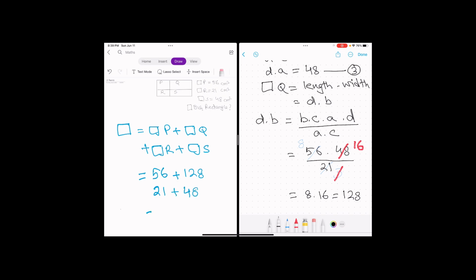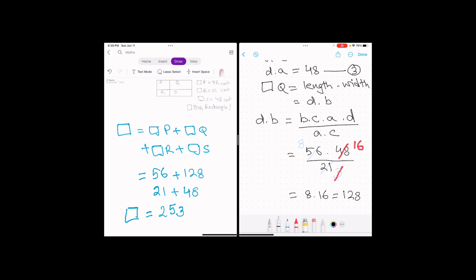So if I add all these things up, I get 253. So the area of the big rectangle would be 253.